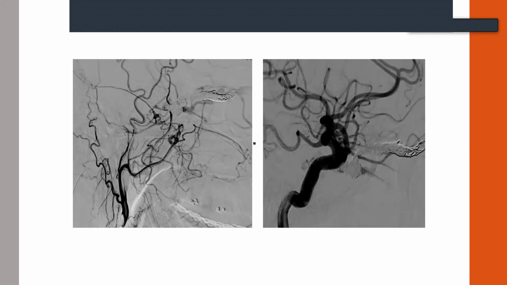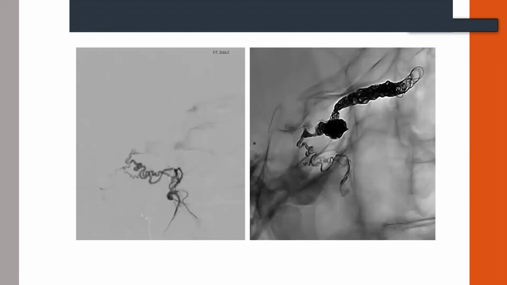Because if you treat it only halfway, not only do you eliminate a lot of your way of getting into the fistula, but the fistula also, for some reason, recruits more blood supply and creates the same symptoms and pathology that the patient had to begin with. So we staged him for a second embolization, and luckily we were actually able to get into that tiny little blood vessel that was still feeding it.